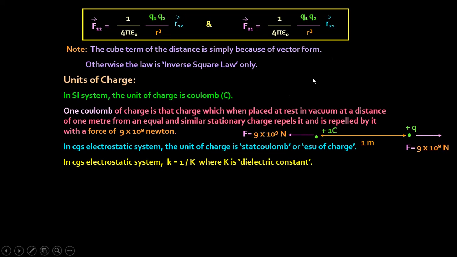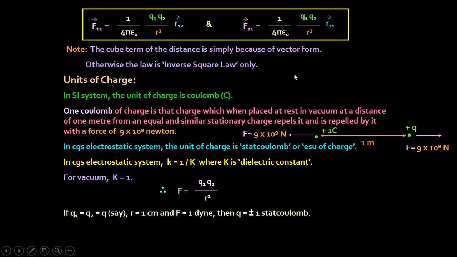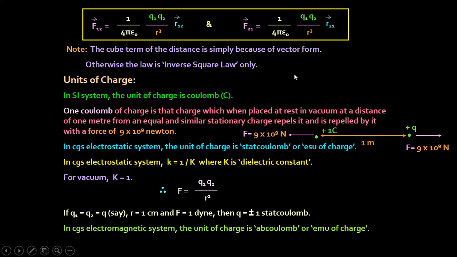In the SI system the unit of charge is coulomb, and in the CGS system we are using two types of units. One is ESU of charge, another one is EMU of charge. Both are units of charge in the CGS system.